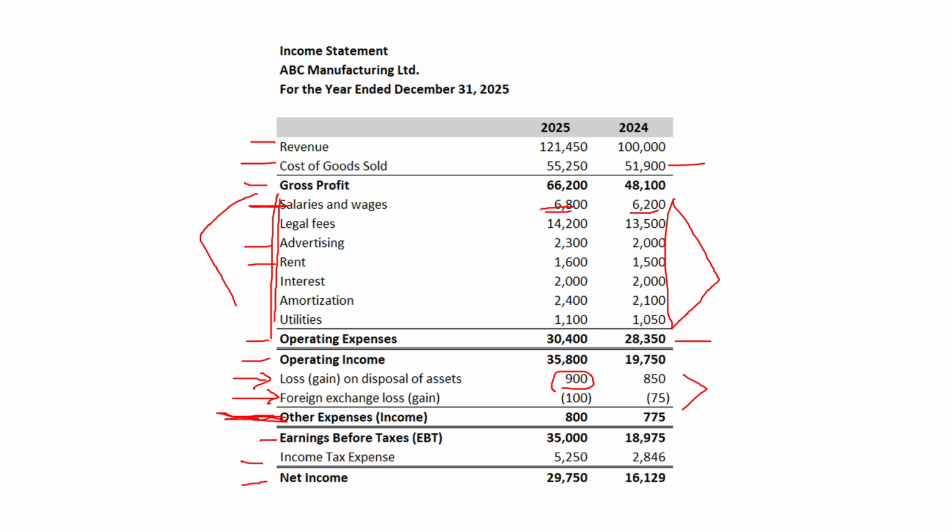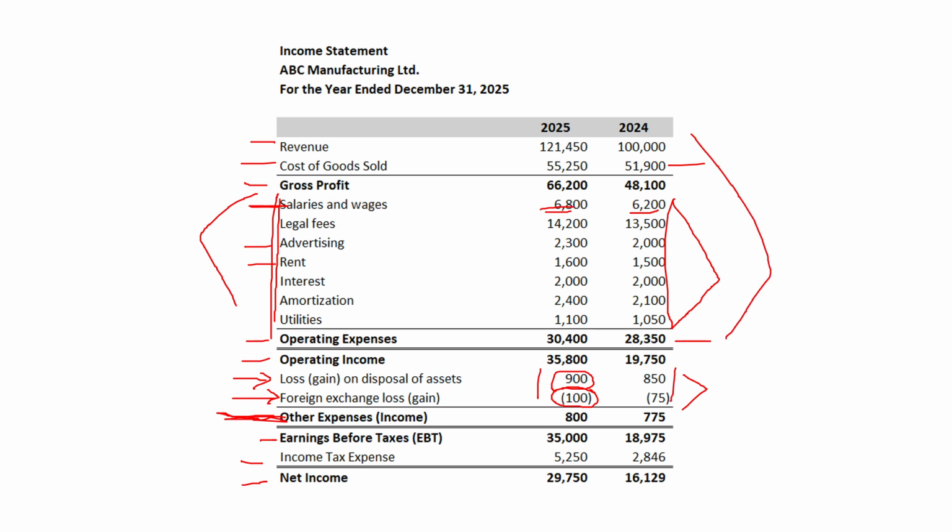And also foreign exchange, unless the company's business model is to trade currencies, usually foreign exchange losses and gains are considered other items. Now, you need to consider this separately from how the business performed up here, okay?